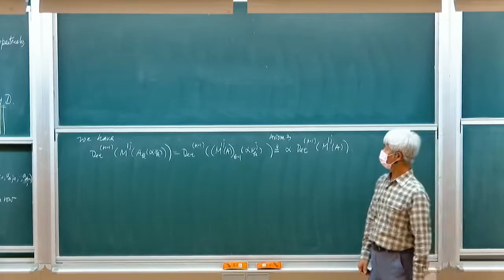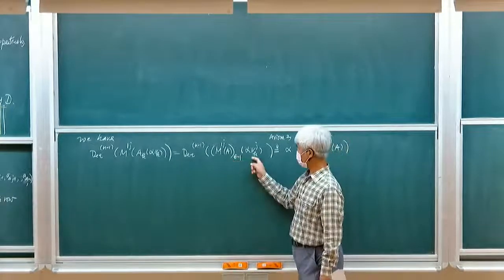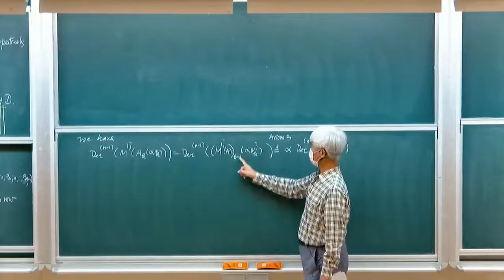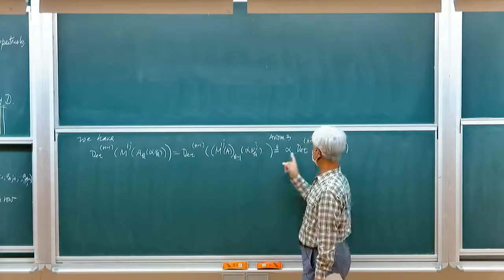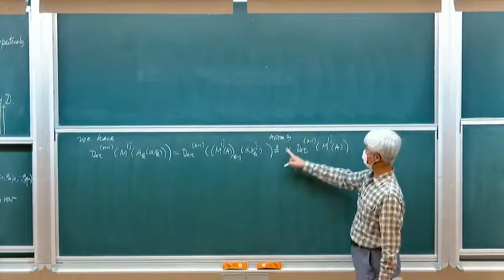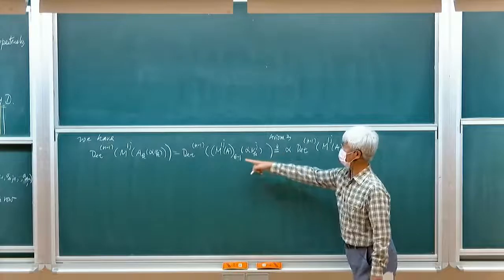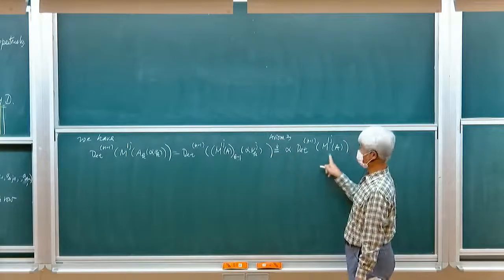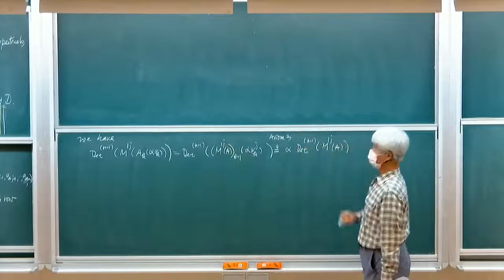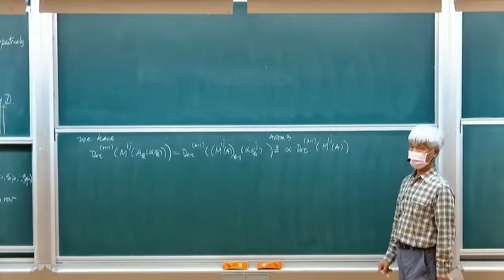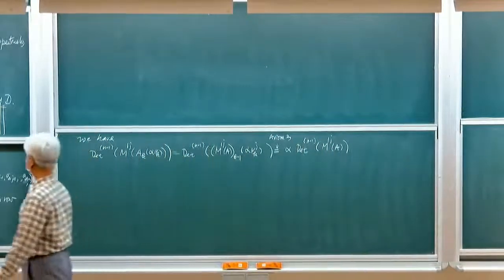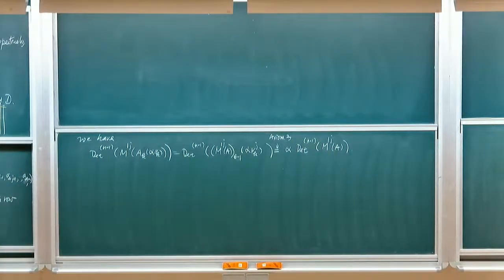Because this is the scaling of the (k-1)th row by alpha. Okay. So by axiom number 3, this determinant is alpha times the determinant of this minor. So look at here.